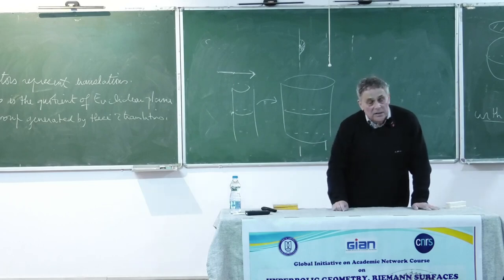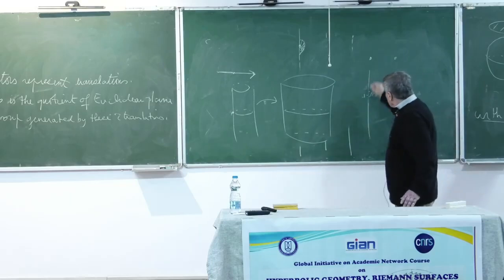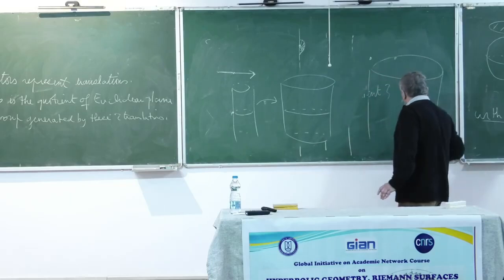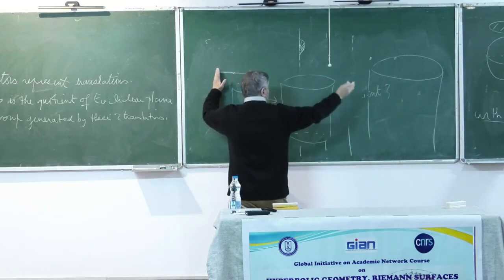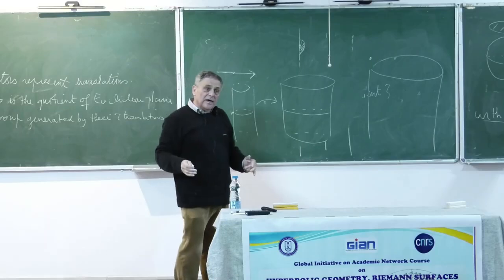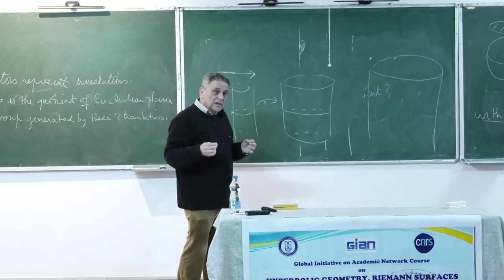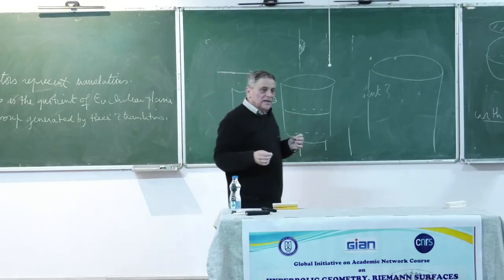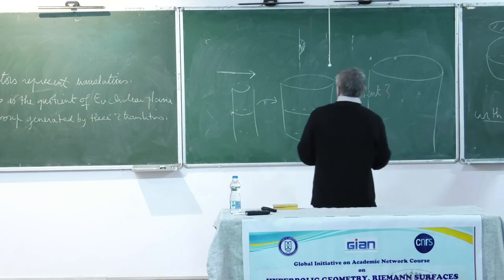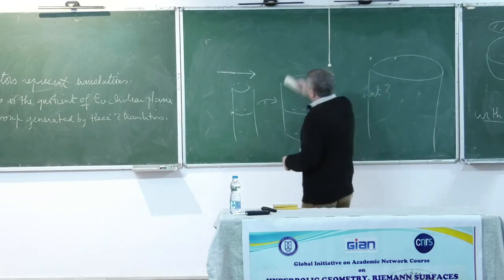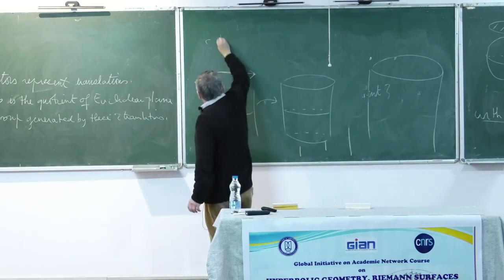So I get different kinds of cylinders by taking this vector longer and longer. And I know they are all non-isometric because the length of the shortest, well, let me write it more precisely.